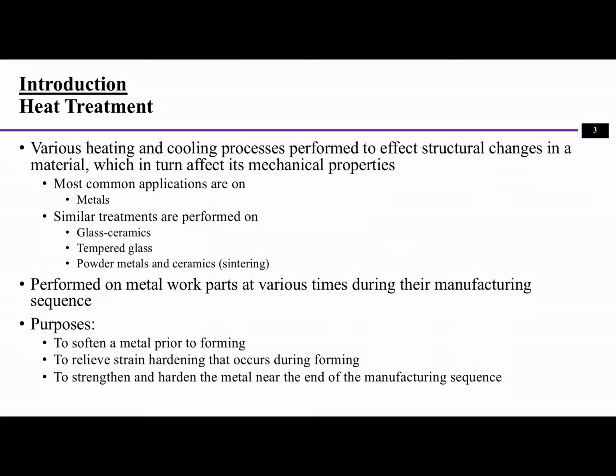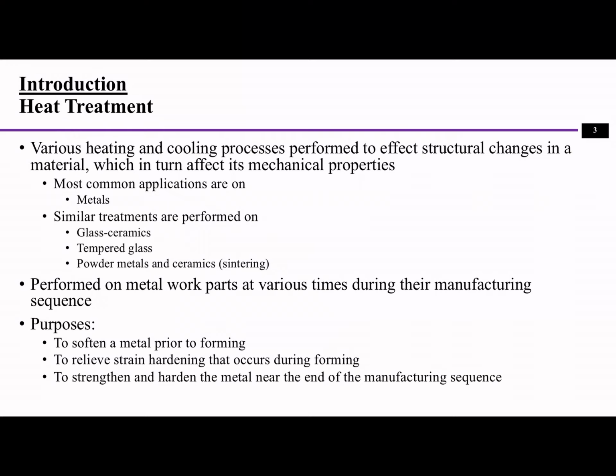Heat treatment is mainly related to metals because, if you remember from the phase diagram, when we change the temperature, the material structures will change. This is how we manipulate the properties of metals.